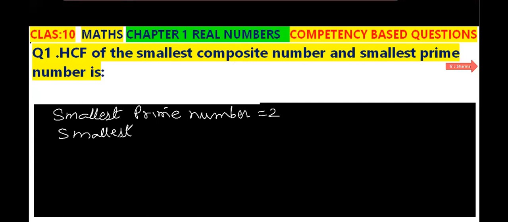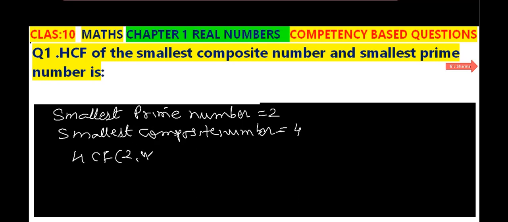And the smallest composite number, that is 4. And what is the HCF of 2 and 4? That is 2. So 2 is the answer of this question. Smallest prime number 2 होता है, smallest composite number 4 होता है, और दोनों का HCF 2 होता है.